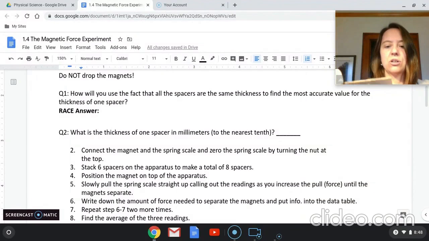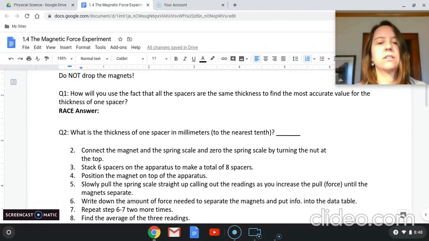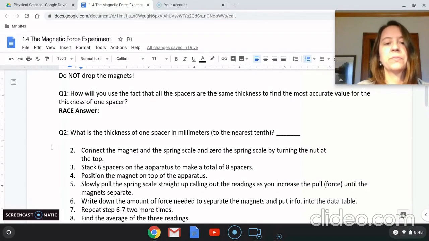And when I measure that very precisely, I get 1.1 centimeters, or we know that there are 10 millimeters in a centimeter, so 11 millimeters total, and we know that there were 10 of them, so 11 divided by 10, and you're going to put that answer right there.